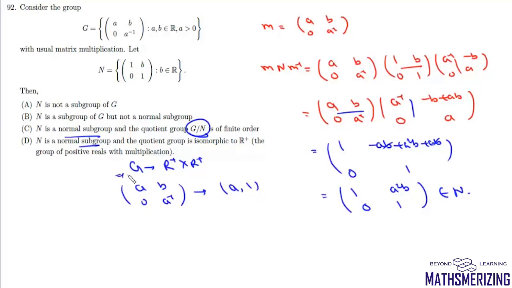Then it is easy to check that this g is a homomorphism. Now kernel for g is N. And hence by first isomorphism theorem, we can say that this G by N is isomorphic to R positive cross R positive, and that's your option number D.